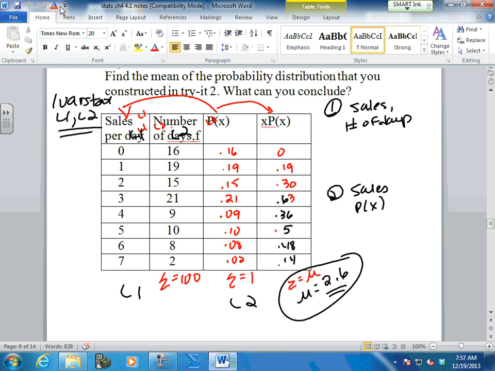So, for this group over here, what's your mean? 2.6. What is your population standard deviation? 1.93. Okay, what is your sample standard deviation? 1.94. Okay, thank you. This group over here, Tamara, what's your mean?